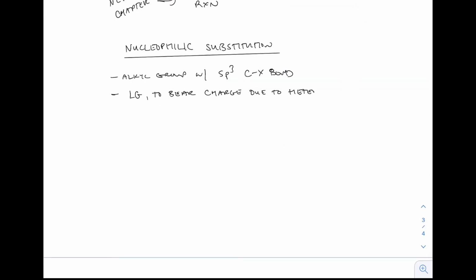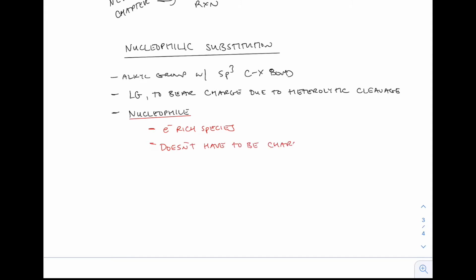Okay, I just had to make sure I didn't accidentally put homolytic cleavage on the last part. So then we also need that nucleophile, right? So there's not too many things that are required for this reaction to occur so far.